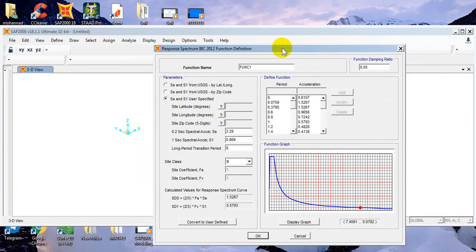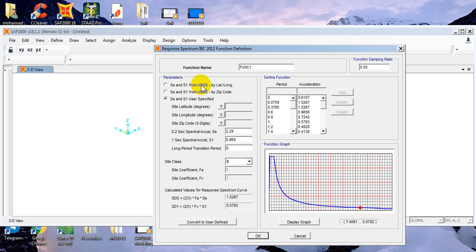Dear viewers, when I want to specify or express the amount of earthquake, assume I want to design or analyze a building, and I want to know what magnitude of earthquake could happen for this building or structure in general.